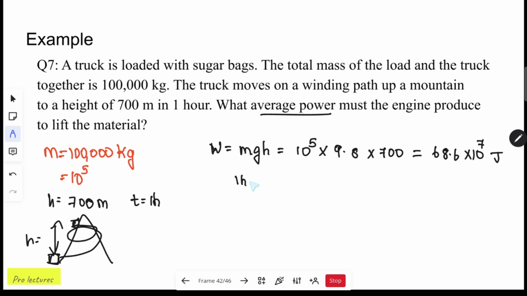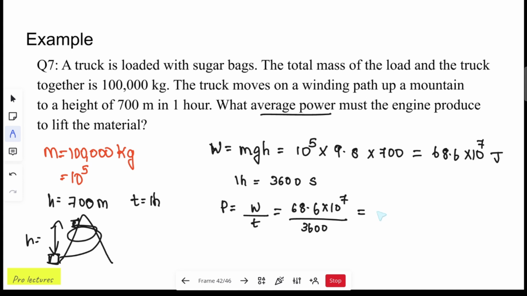Now 1 hour is 3600 seconds. We need power. Power is the work done divided by the time taken, which is 68.6 into 10 to the power 7 divided by 3600, which gives 1.91 into 10 to the power 5 watt.